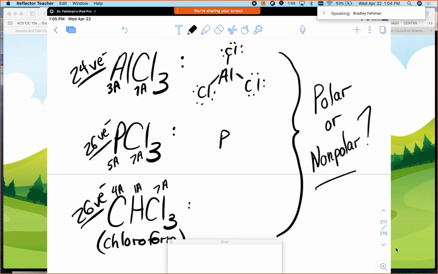Phosphorus trichloride, we're building up around the outside. And in this case, we have 2 more electrons to place, so they go around the middle. And then CHCl3, so carbon's in the middle.